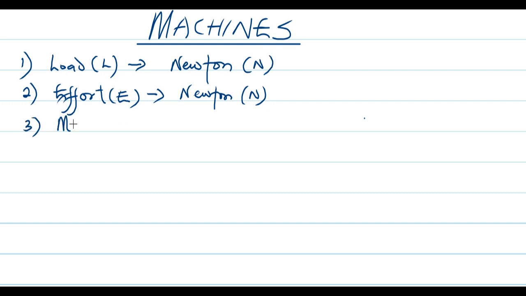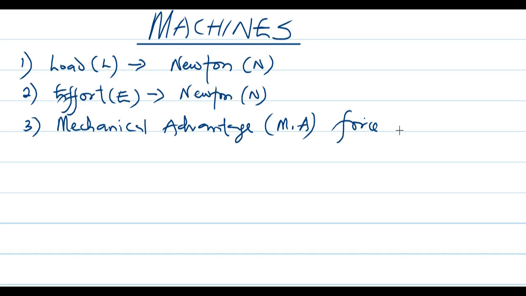Then we have what we call the mechanical advantage of a machine. It is called MA for short. Another name for mechanical advantage is force ratio. It is called force ratio because mechanical advantage is the ratio of load to effort.